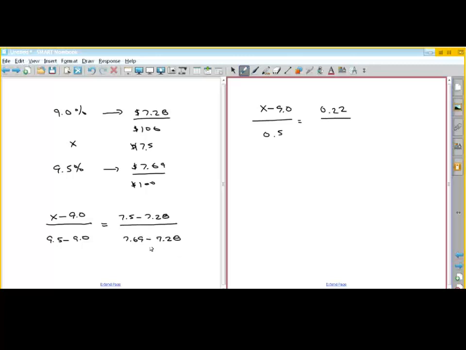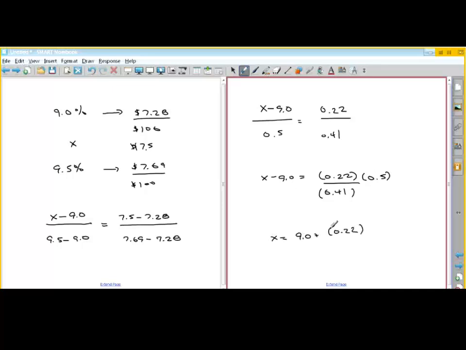And 7.69 minus 7.28 is 0.41. Okay. And then I can multiply both sides by a half to solve for x minus 9.